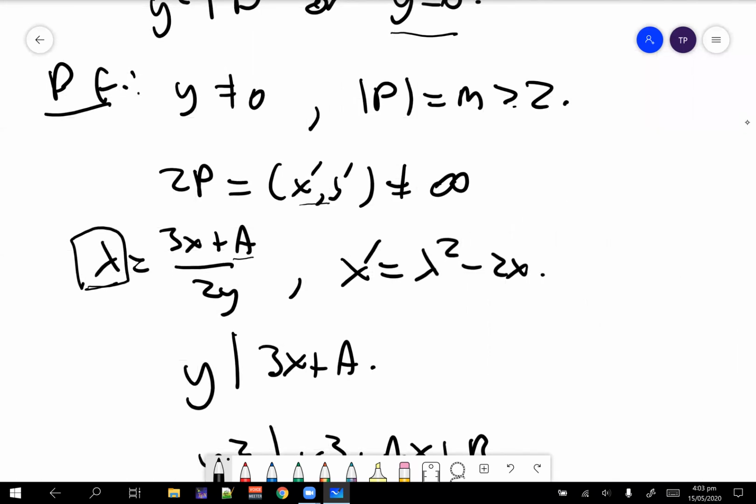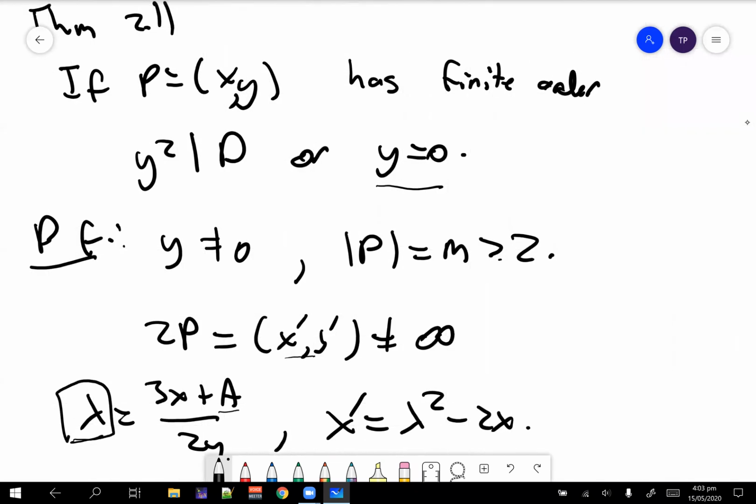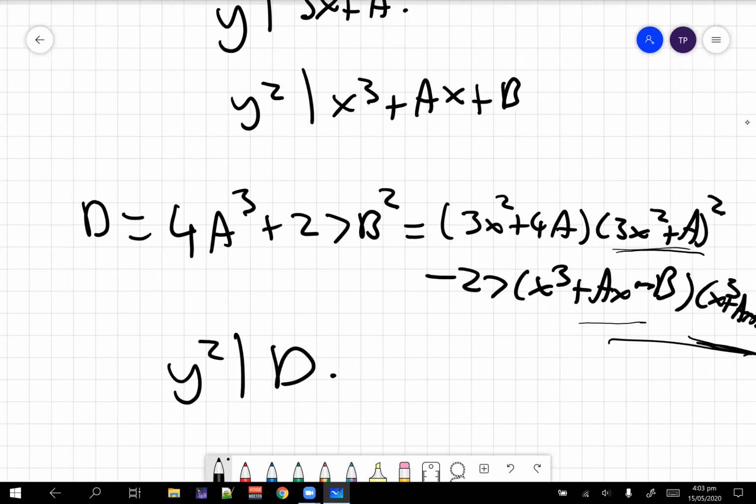So that's the case where y is non-zero, and then in the other case, y is 0, then that's obviously a point of order 2, and that also has finite order, so we're done there. If the point has order 2, then it's in this case, otherwise it's in this case. And yeah, that's the proof of Nagell-Lutz.